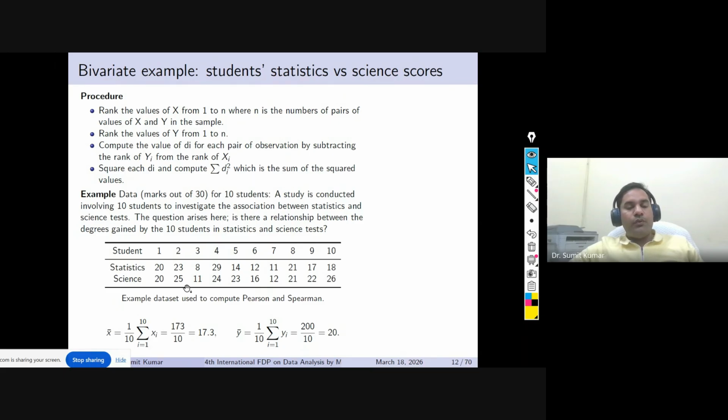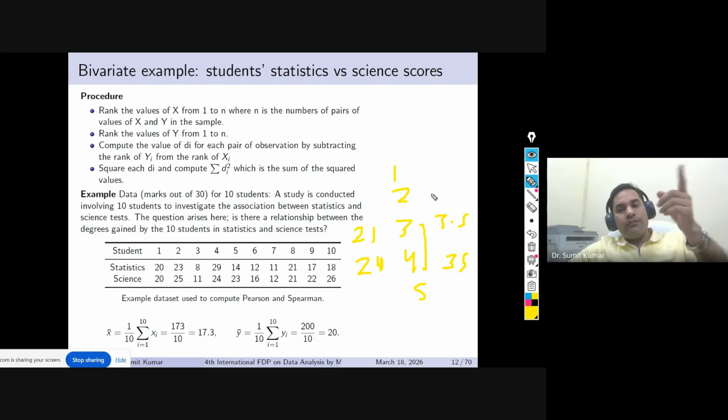Means if 21 and 21 are at the 3rd and 4th positions, you take the average of 3 and 4 and assign the rank 3.5 to both of these numbers, and the next rank will be 5. So in that case, the formula that I have just mentioned will be changed, depending on how many times a number is repeated.